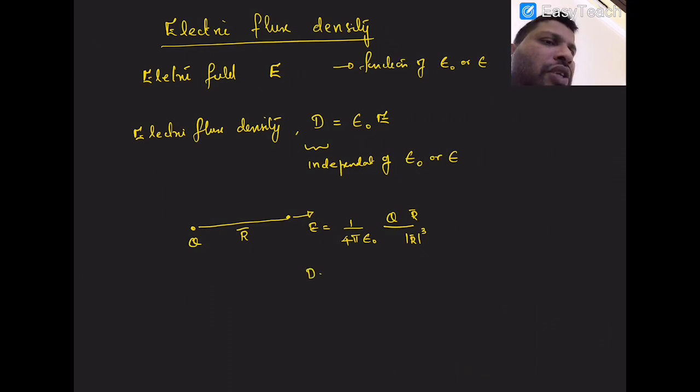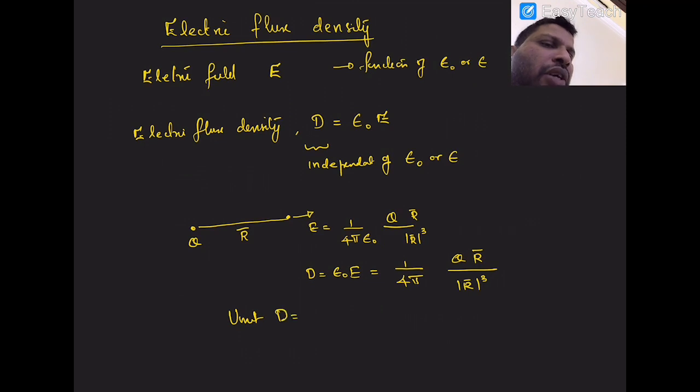But D is given as epsilon naught into E. If I multiply with epsilon naught, the epsilon naught in the numerator and the denominator will cancel. Then I will get 1 by 4 pi into Q into r bar divided by the magnitude of r bar whole cube.